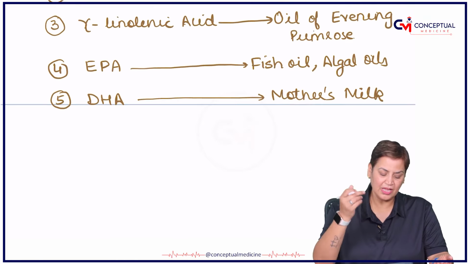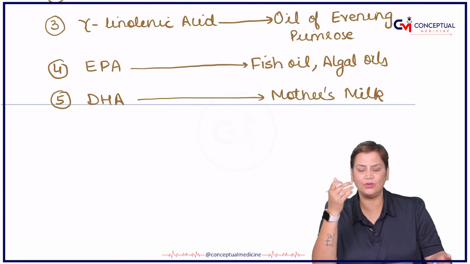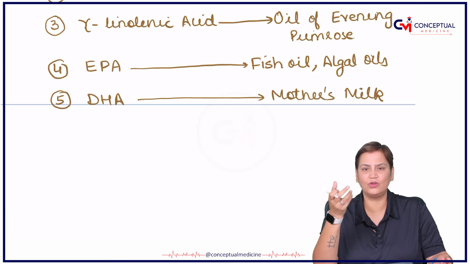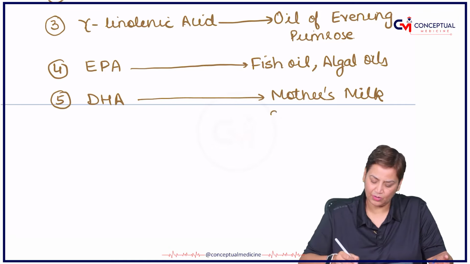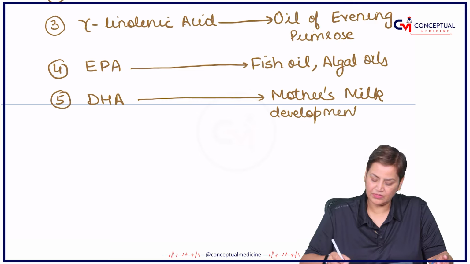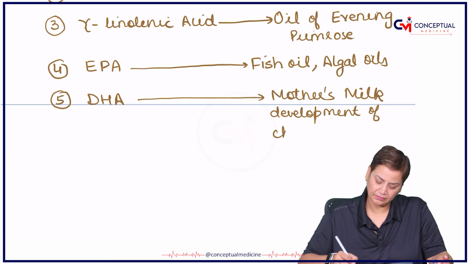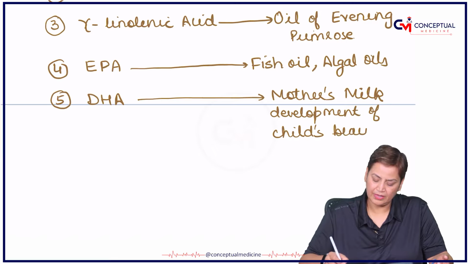And nowadays so many companies, like if we talk about Bonvita, if we talk about Complan, they always emphasize this DHA because DHA is required for the development of the brain of the child also. Development of the child's brain. Very important.